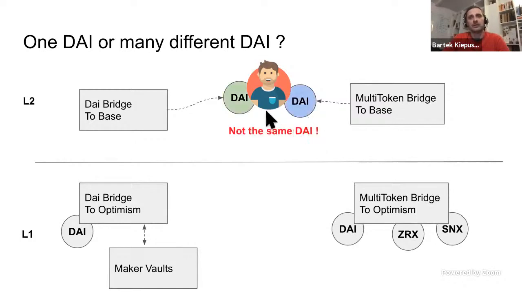They won't be fungible directly. I mean, you can easily swap them one to one. However, they can't be mixed and matched, because you cannot go through one bridge and exit through another bridge, right? So I think it's important for the community to realize that there must be some sort of social consensus on what is the actual DAI token on each of the layer twos. And from the user perspective, you wouldn't want to end up in a situation where there are a lot of different competing DAI implementations, right?